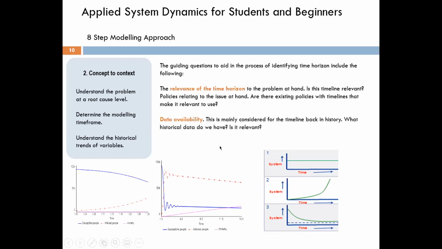Because there's data available for the last 50 to 100 years, do you need to go back that far? Or can you just use data in the last 5 years, 10 years, and then use that pattern to be able to fit, say, a logistic curve and try and work out what you think the projected pattern of behavior would be for that particular system? So that's the importance of all of that.